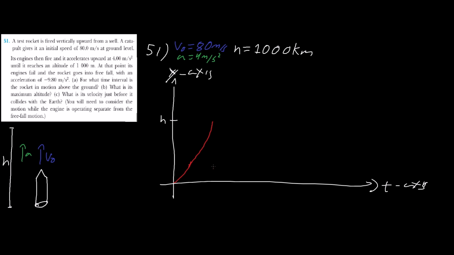And then at some specific t naught, which I'm going to call t1, the engine fails. So from that equation, we can already set up that y, and before we do that, let me set this other one up. And then it's going to keep traveling upward until it reaches its maximum altitude, and then it's going to fall back towards the ground.